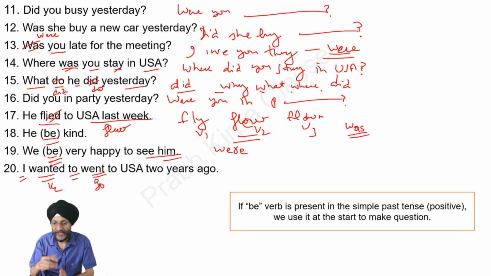When a verb comes after the first verb, we have to use the first form of the verb. I wanted to go to USA 2 years ago. If the be verb is present in the simple past tense positive, we use it at the start to make a question.